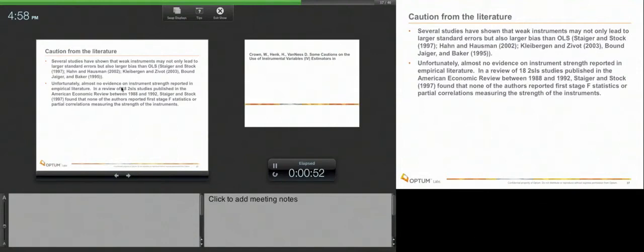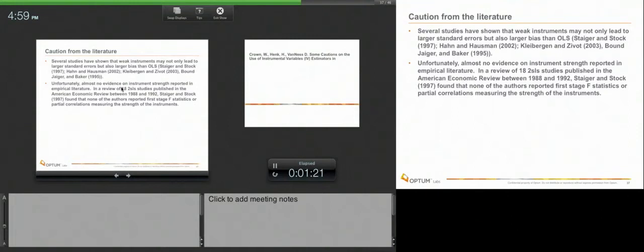But there was a theoretical paper that was written by Bound, Jaeger, and Baker in 1995, where they basically proposed a relationship between the strength of the endogeneity problem, the strength of the instruments, and whether or not there was still residual correlation of the instruments with the error term. And they provided this kind of graphical analysis of this.